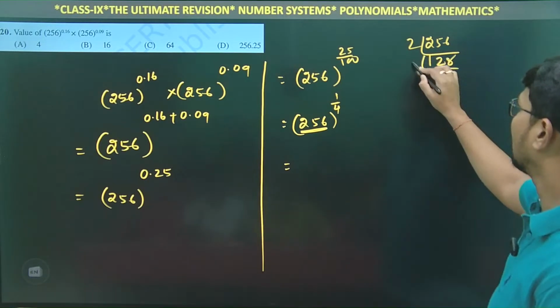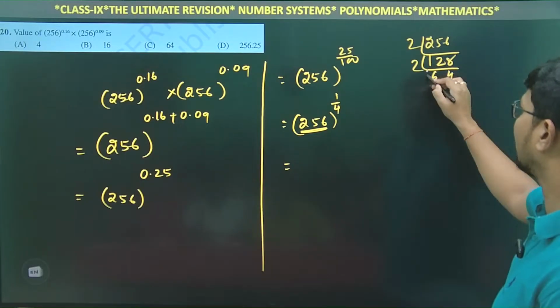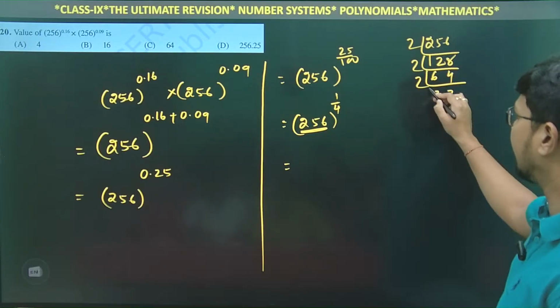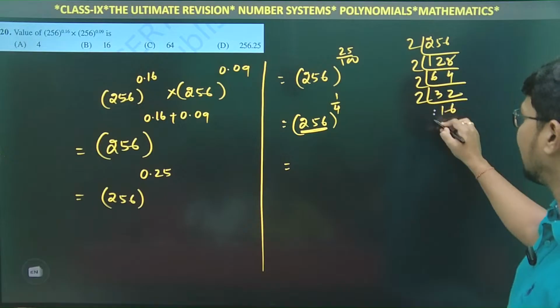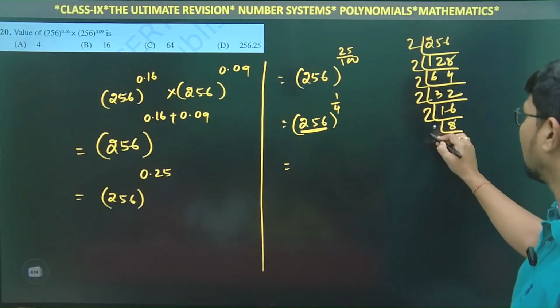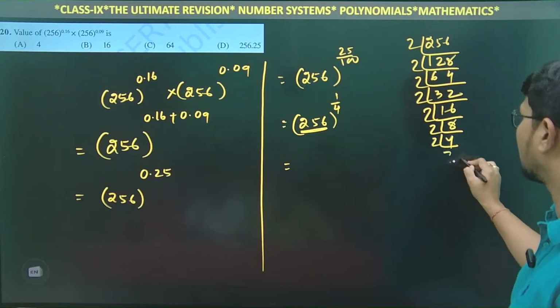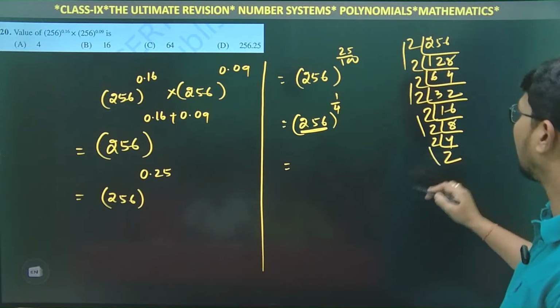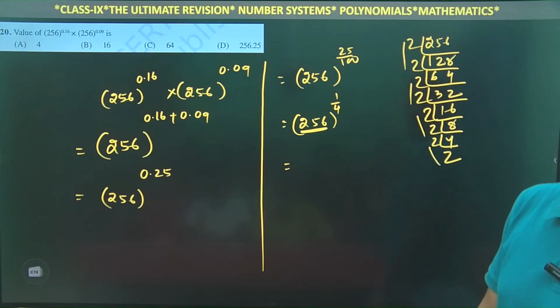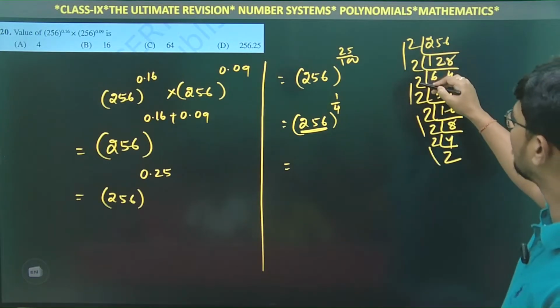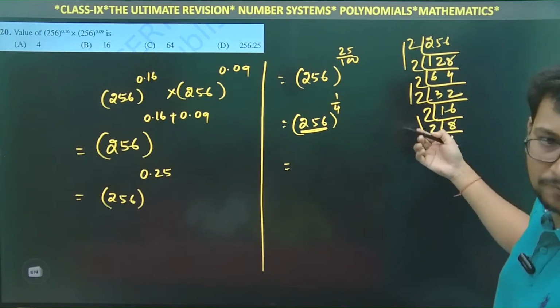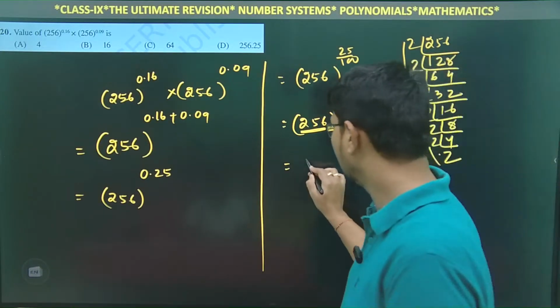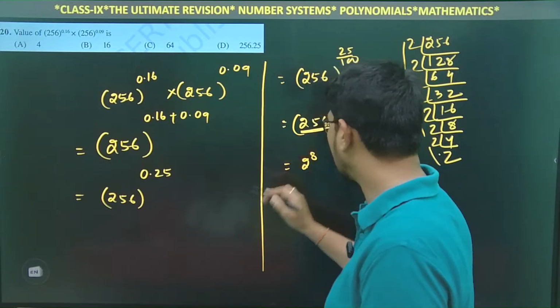Now check karo. How many twos? 1, 2, 3, 4 pairs. 4 pairs means 8. 2 to the power 8 we can write.